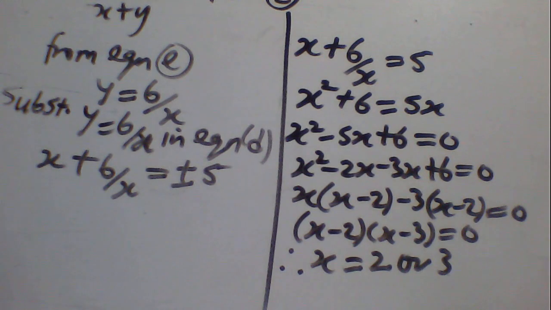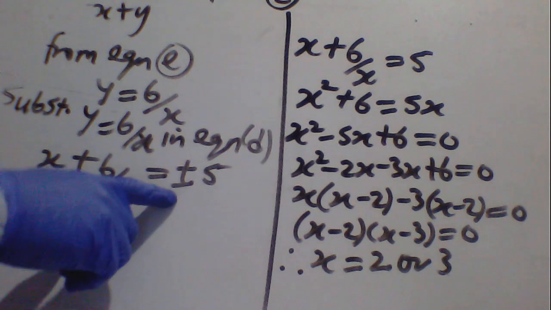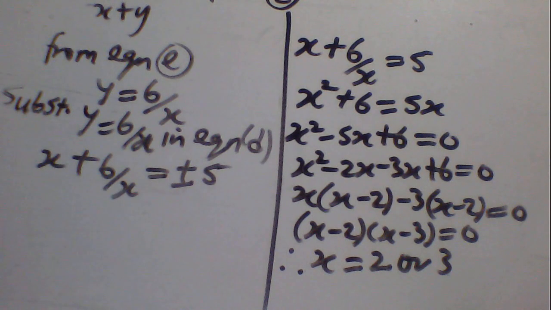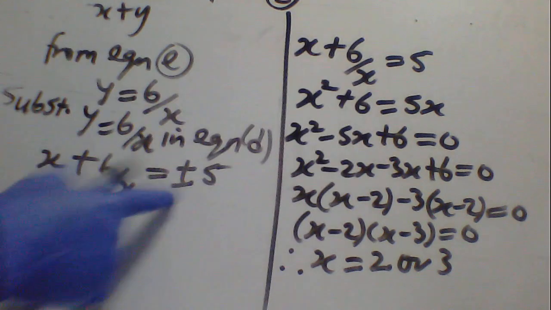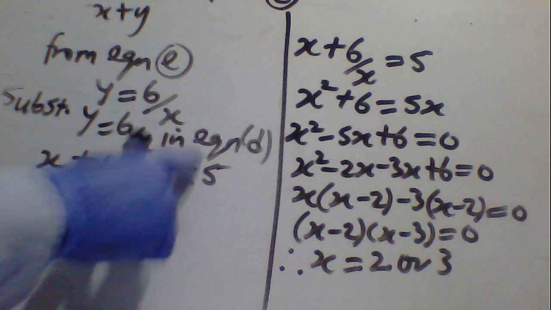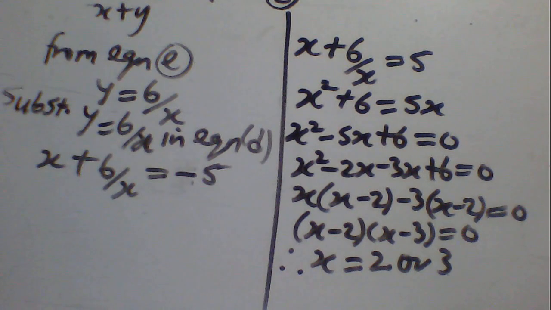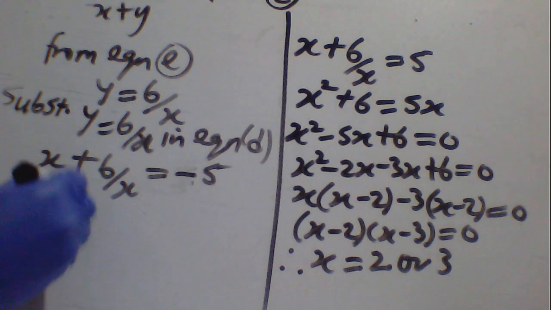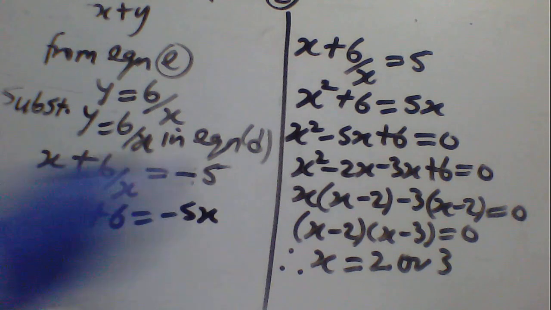So I've gotten two values. The next thing is to solve for the negative. So from here, for the negative, we have done for the positive, solve for the negative. So multiply the equation by x. You have x squared plus 6 is equals to minus 5x.